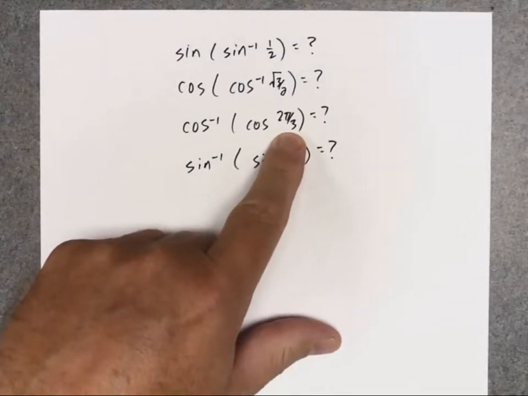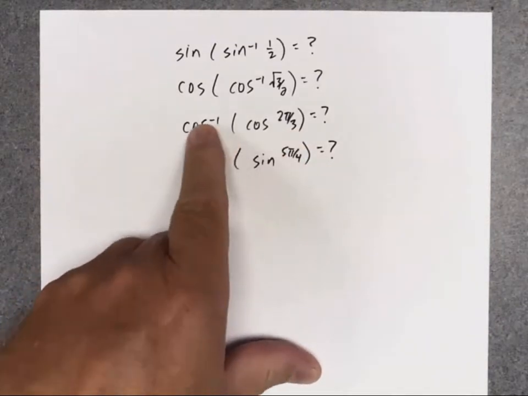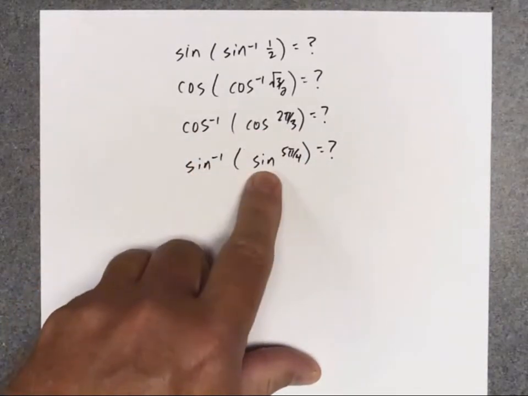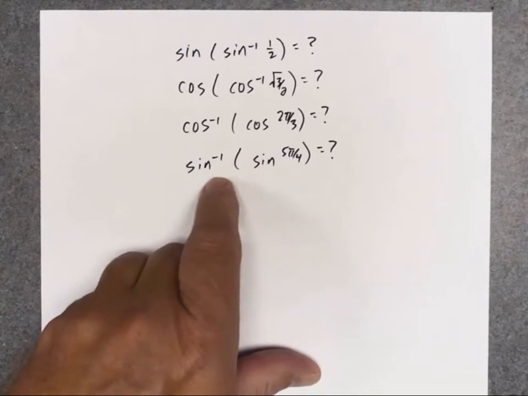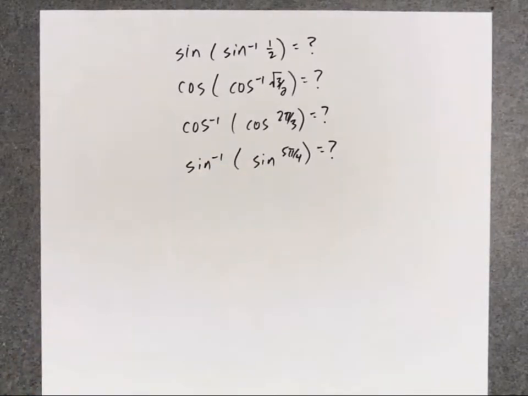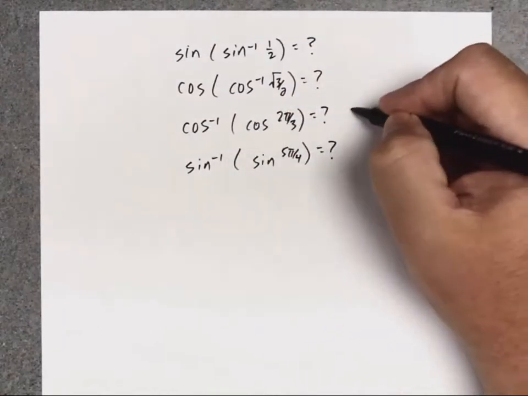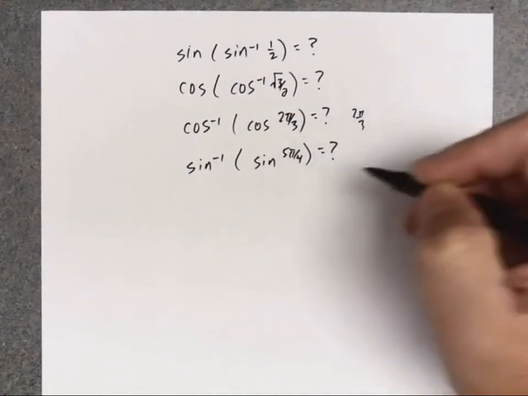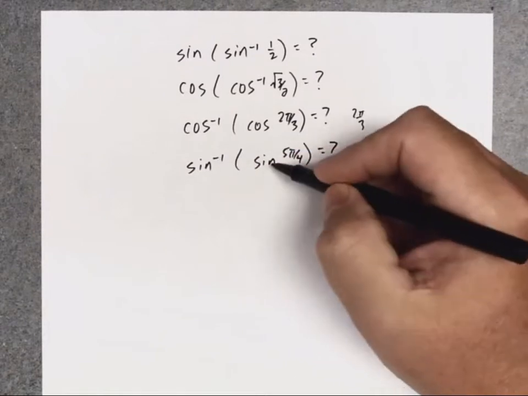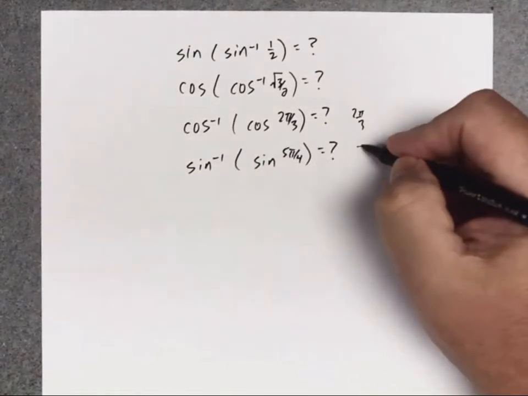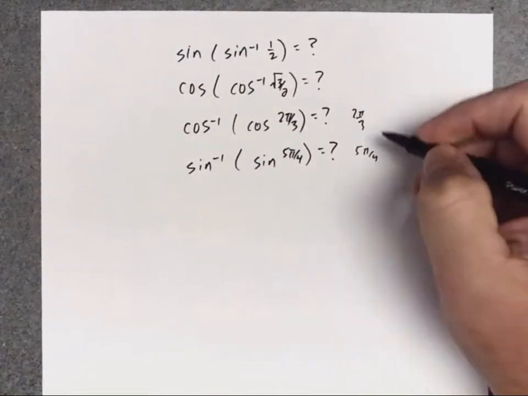That was the whole reason, because this gives us a way to reverse the same trig function. So you would think inverse cosine cancels the cosine of 2 pi over 3. You would think inverse sine cancels out the sine. You're just left with what's inside, 5 pi over 4 up here.